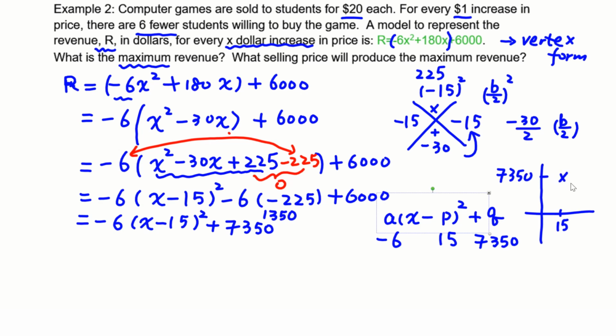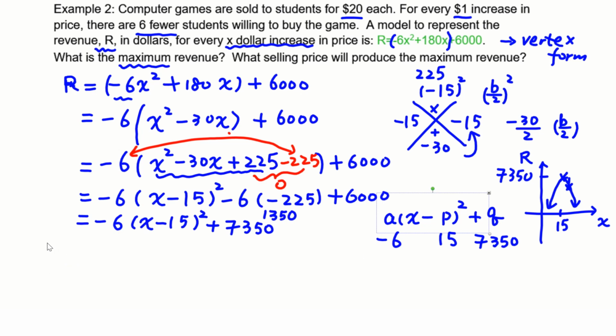So the vertex is here and the graph opens down 6. So you have a parabola that opens down. So at the vertex, you will see you have a maximum revenue. So the y-axis is revenue, the x-axis is $X increase.